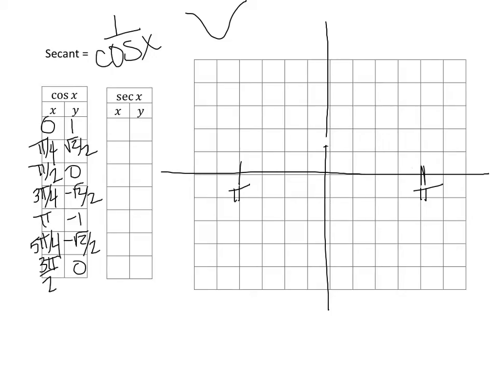Let's see, I've got to hit my low point at pi, my high point at 0, halfway through. Going the other direction, it's over here.